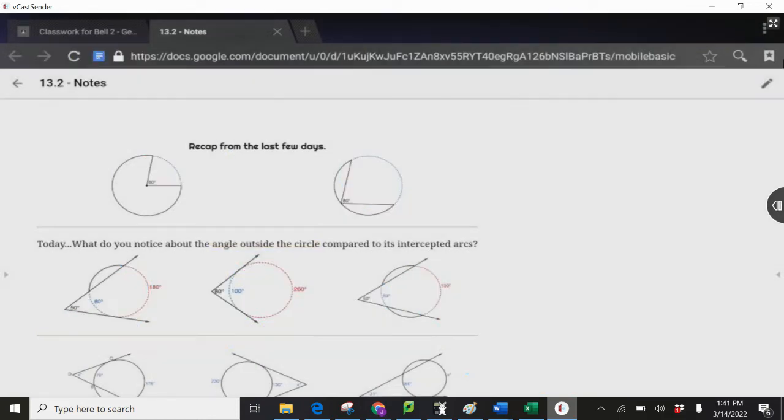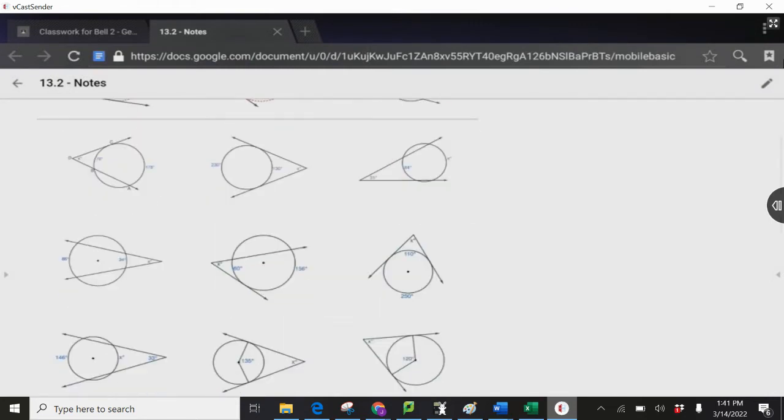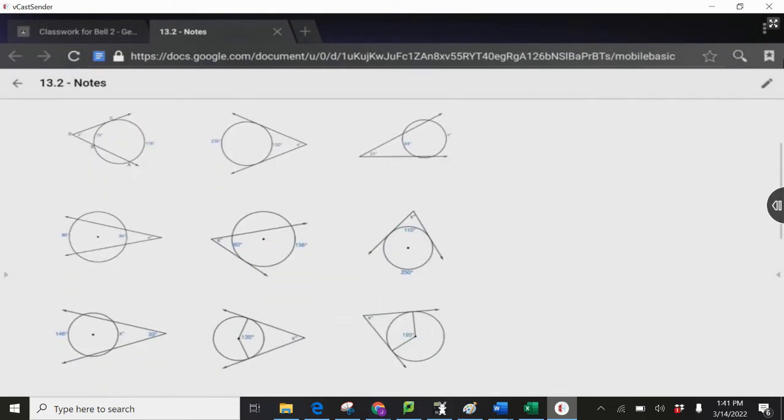So I'm going to go ahead and move down our notes just a little bit here. We will look at a couple of these examples. Obviously, there are a lot of examples there on your page. We might not get to every single one, but we're going to start to find this connection to be able to solve for that angle.